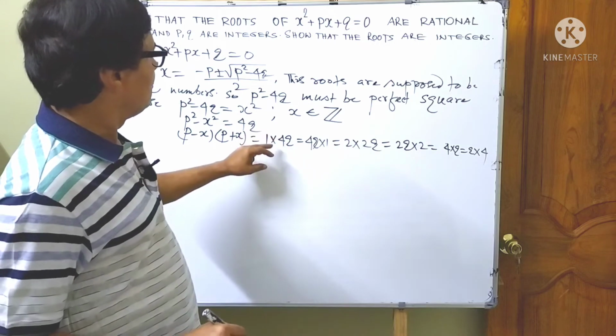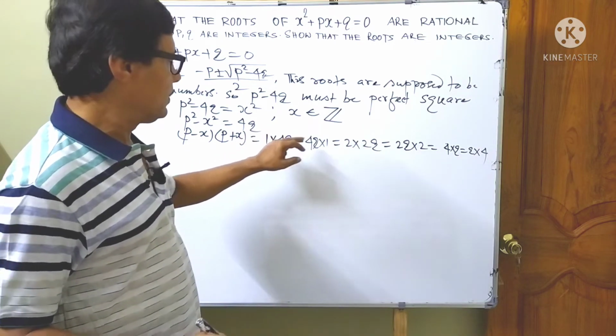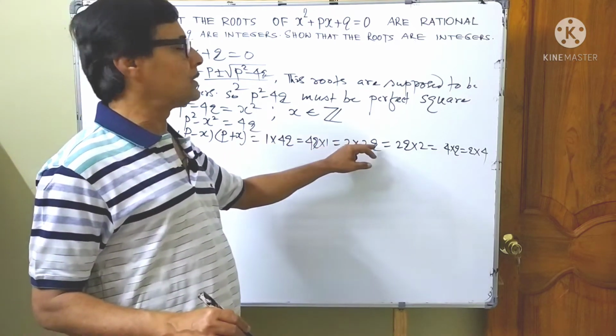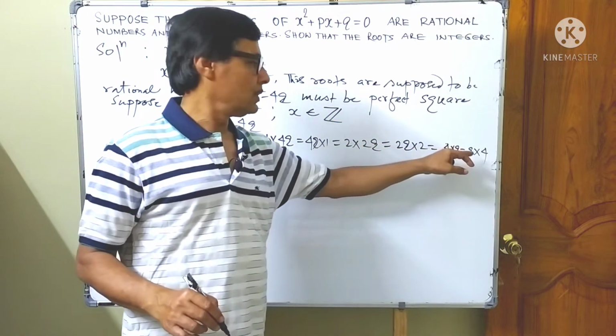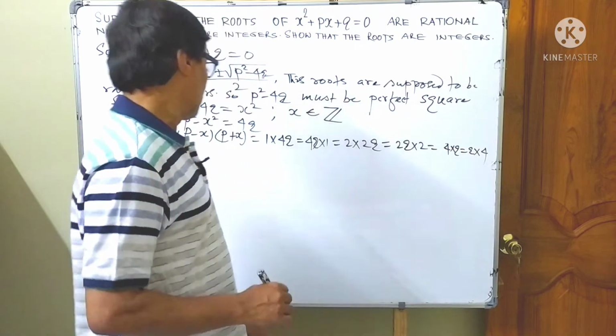These ways are 1 multiplied by 4q, 4q multiplied by 1, 2 multiplied by 2q, 2q multiplied by 2, 4 multiplied by q, and q multiplied by 4.